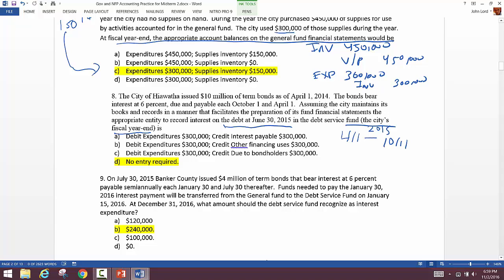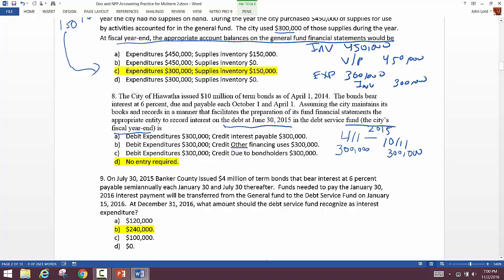They go ahead and make a payment of 6% of $10 million, but it's 6% semi-annual, so they pay 300,000 right there. I guess they issued the bonds in 2014, okay, but in 2015 they also made a payment of 300,000 right here, didn't they? They pay this interest every 6 months. And then there's another interest payment coming, what?